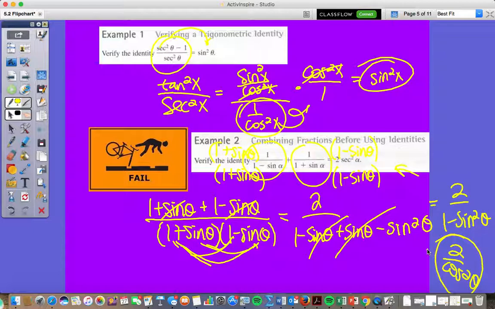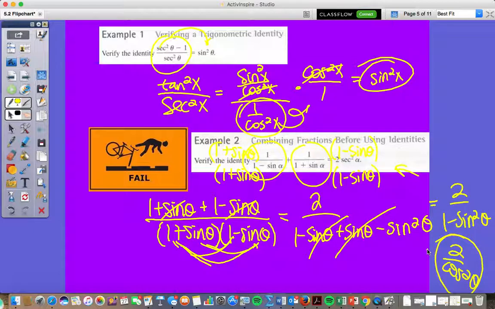When we take cosine squared and put it towards the top, Hunter, do you know what that turns into? What's the reciprocal of cosine? 1 over cosine is secant, right?